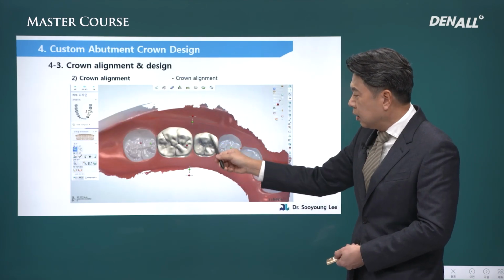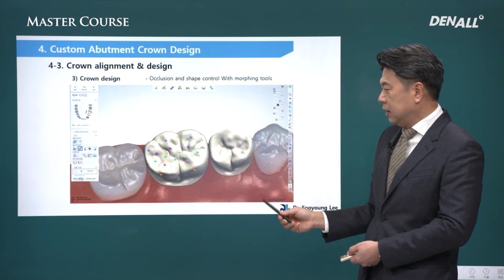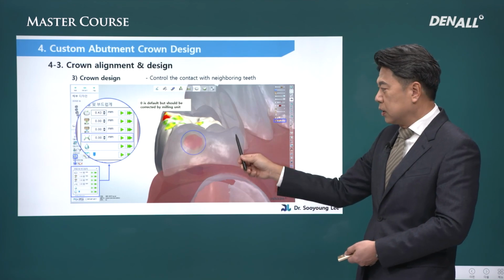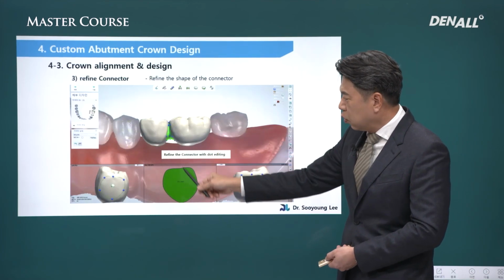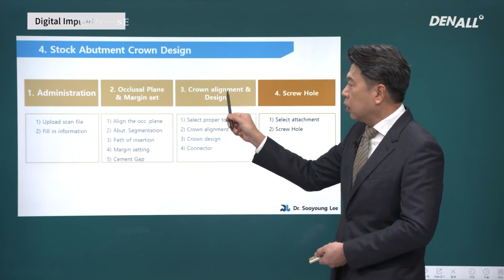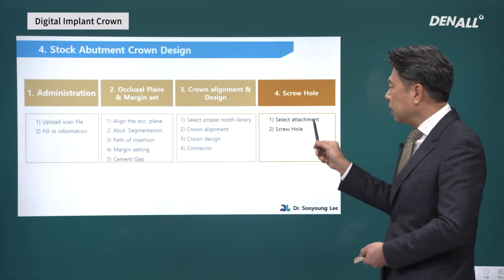The setting values are selected, and the crown needs to be designed very aesthetically. For the custom abutments, the abutments were designed first, but here the crowns need to be designed, and for splinting, the connectors should be attached. The process is the same.